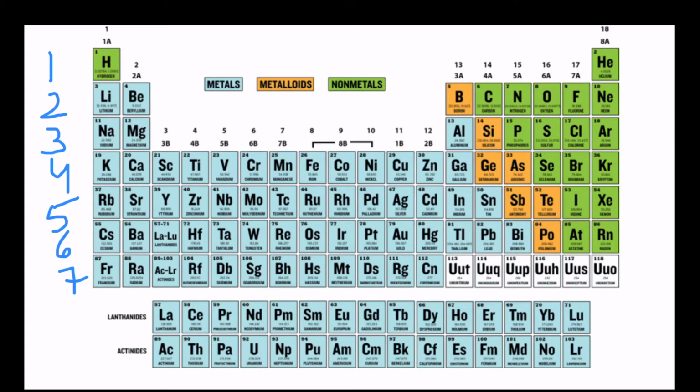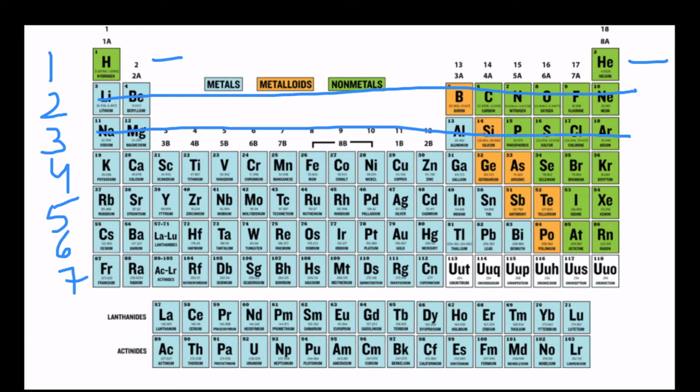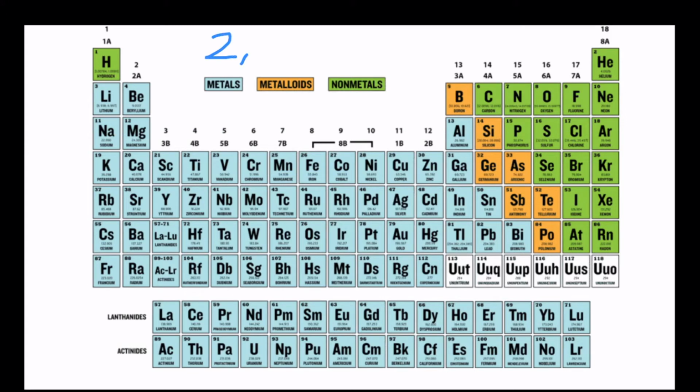The first period consists of 2 elements, hydrogen and helium. The second period consists of 8 elements. The third period also 8 elements, then 18 elements. So we learn it in this way, 2, 8, 8, 18.